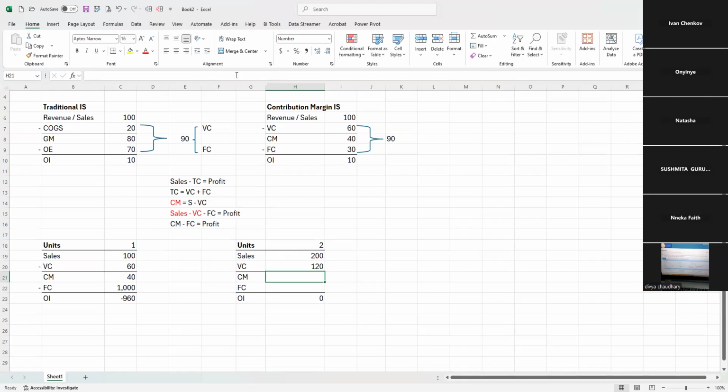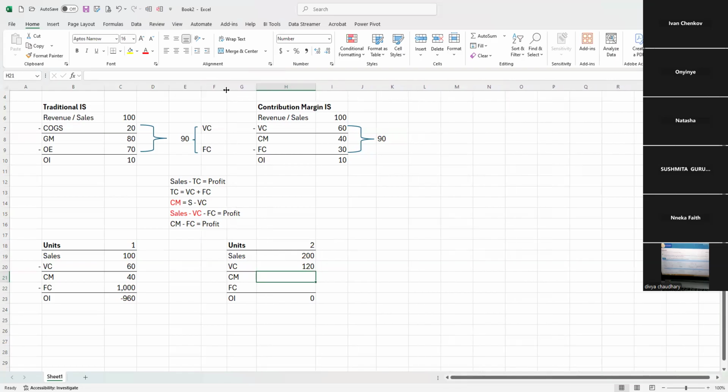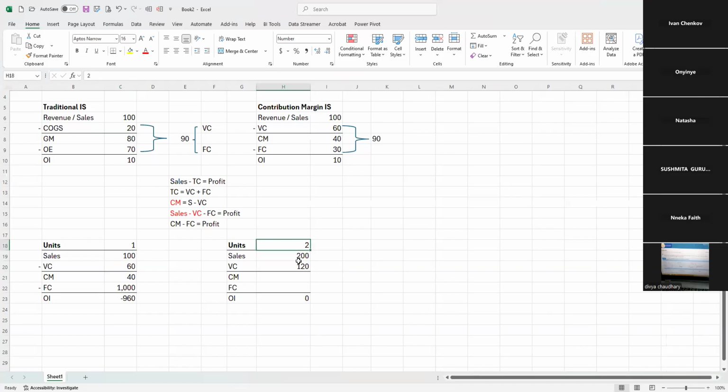It should double too, right? Because I'm not changing the sales price or the variable cost. What I'm doing is I'm only changing the number of units. Correct? Did it double? Yes, it's double.